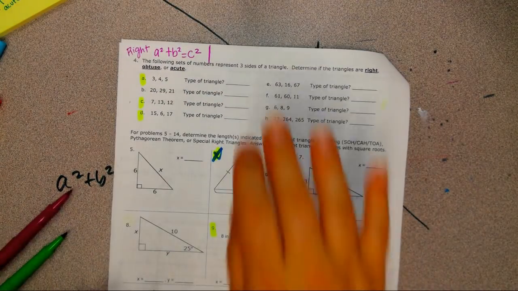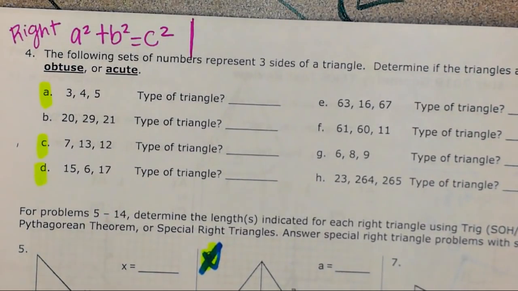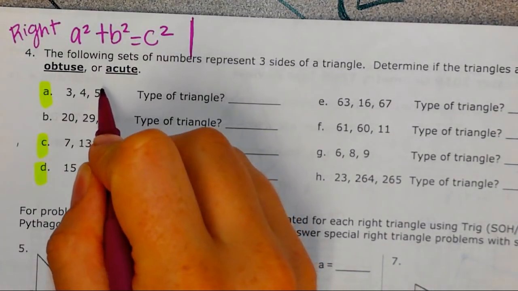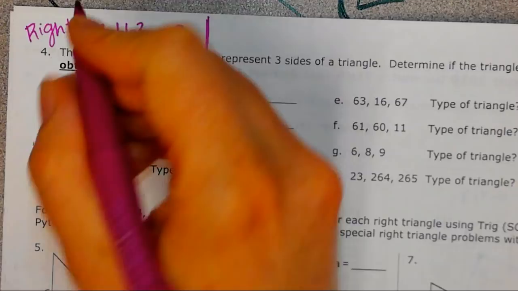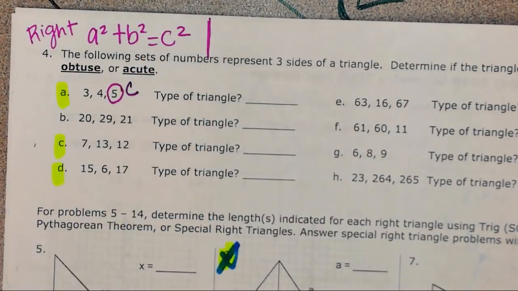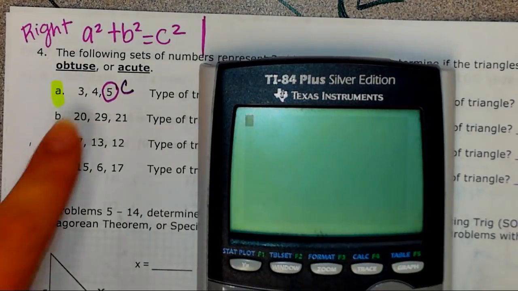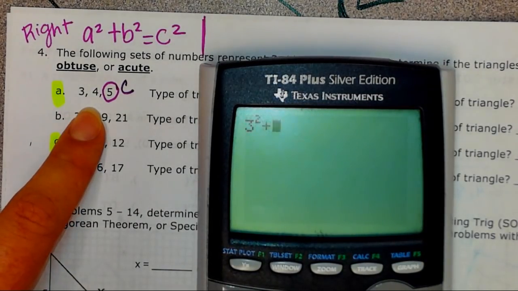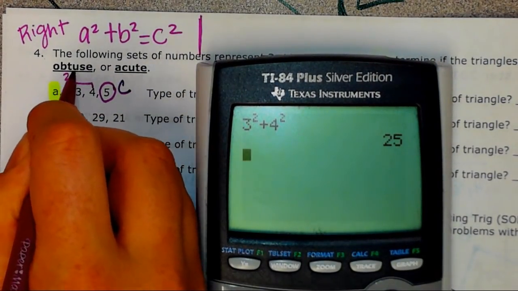Okay, so with that said, now we can classify these. c is always going to be your largest number out of the three. So if I've got 3, 4, and 5, then 5 is the c. Now what we do, you type in your a squared plus b squared, so 3 squared plus 4 squared, and that's equal to 25.